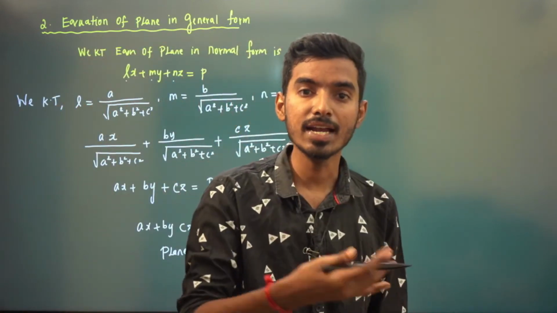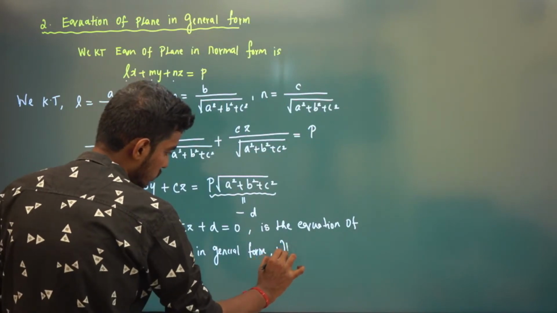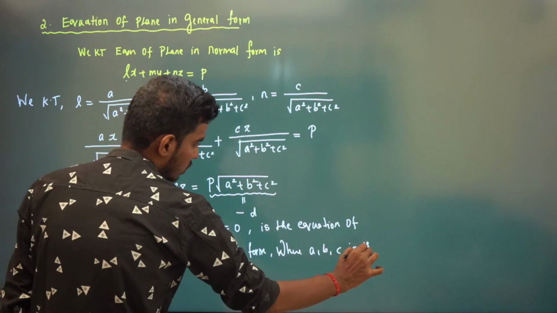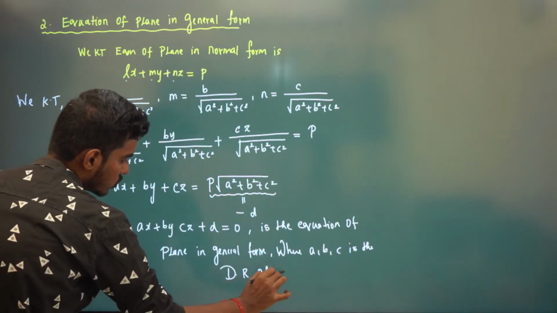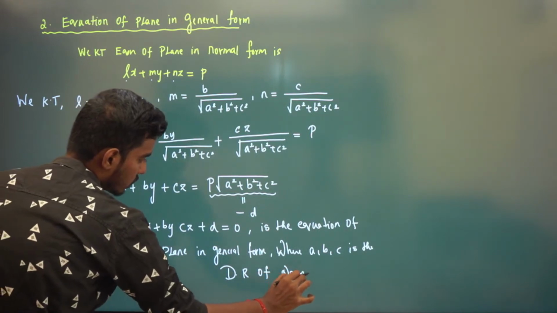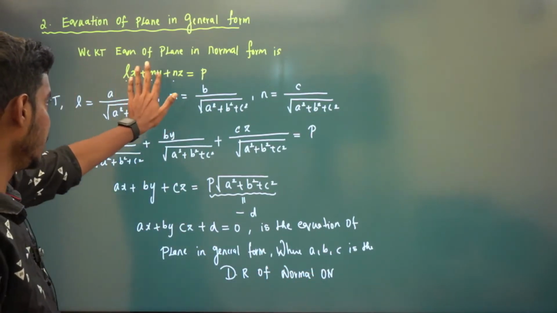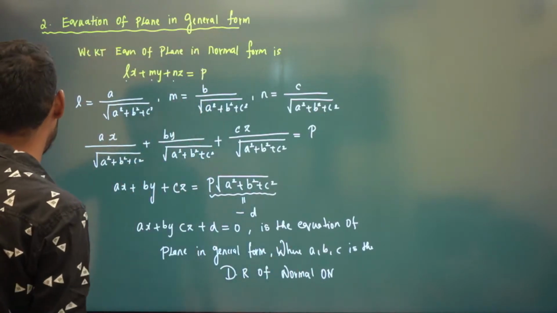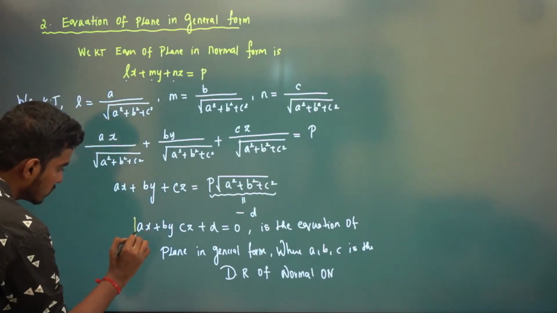Now what is ABC? A, B, C is the direction ratio of the normal ON. Very simple. We are just converting DC in terms of DR, and we will have the equation of plane in general form. Very, very important, just box this.